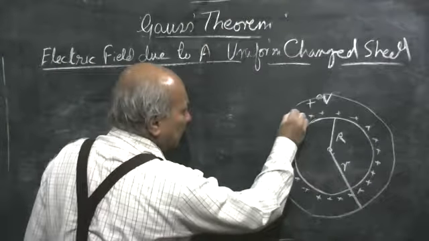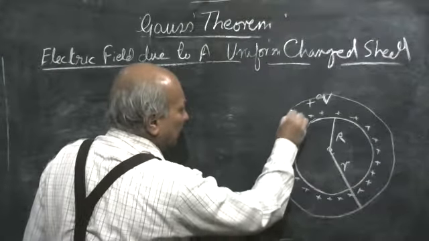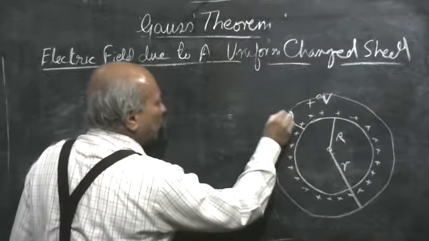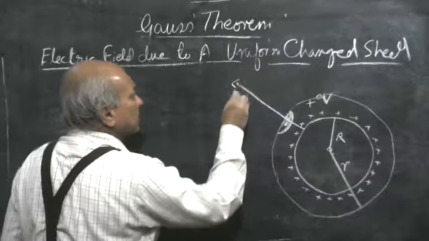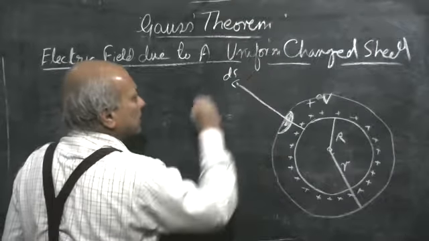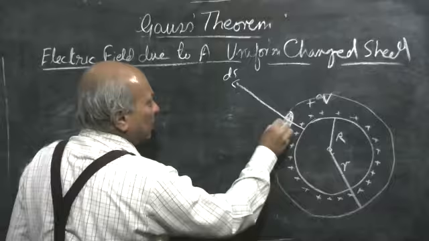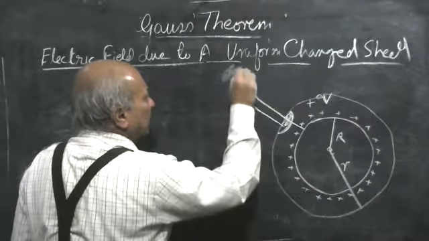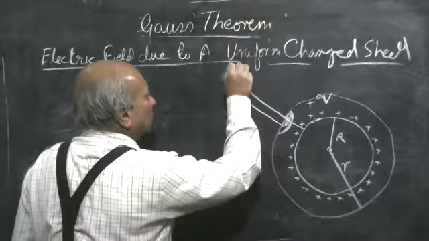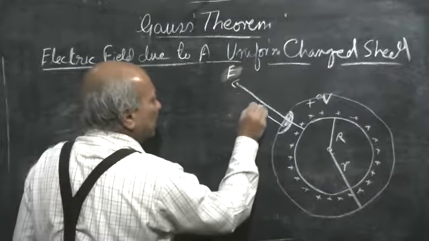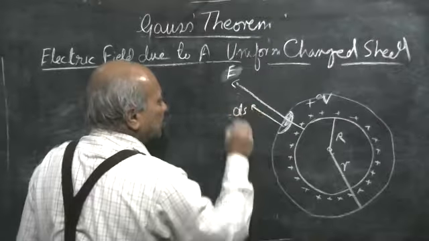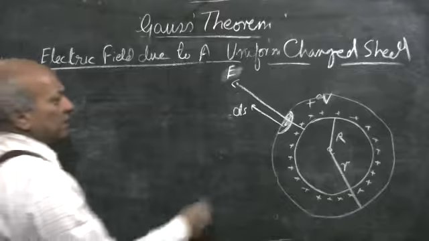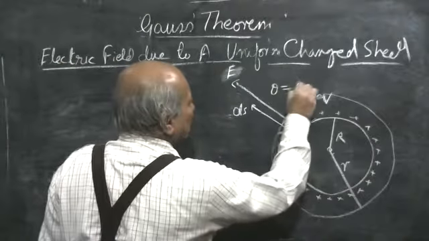The electric field coming out from this small area is E, and the area vector is dS. The angle between them, theta, is equal to 0.